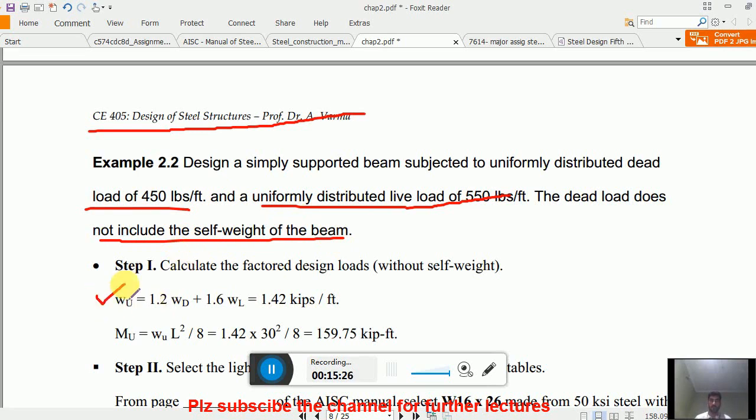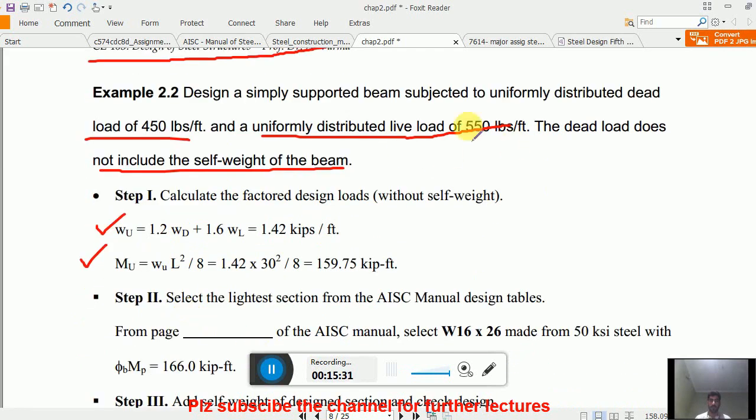Step 1 is the same, you already know this. The beam is simply supported, a live load this much, dead load this much. You just need to factor them in, find out the moment capacity, that is your MU. Now select the lightest section from the AISC manual design tables. Clear?